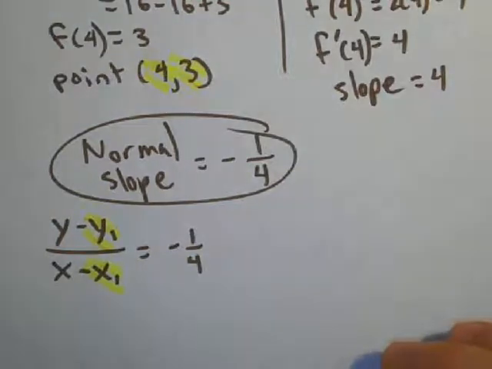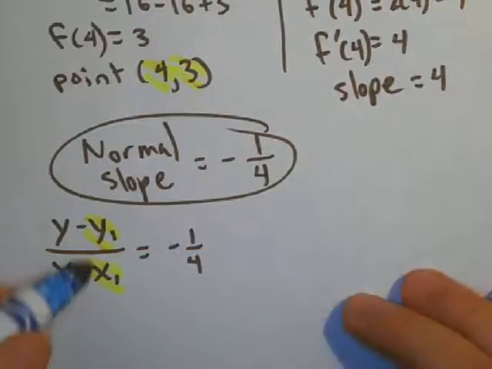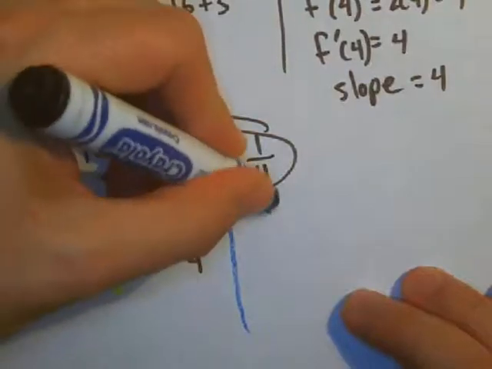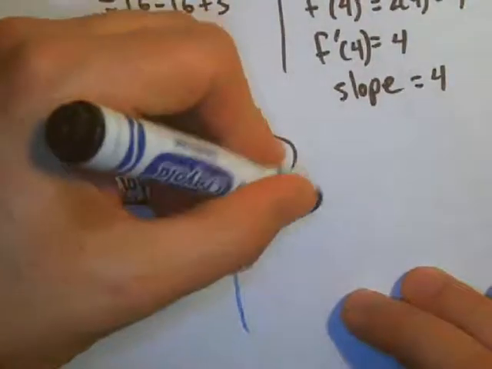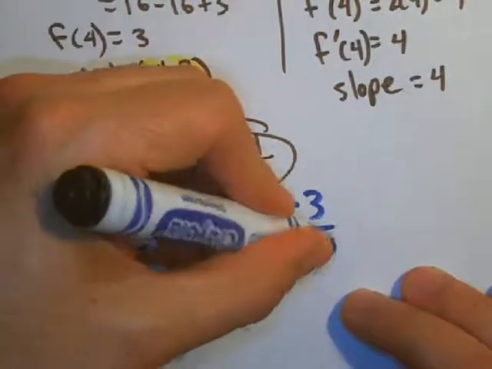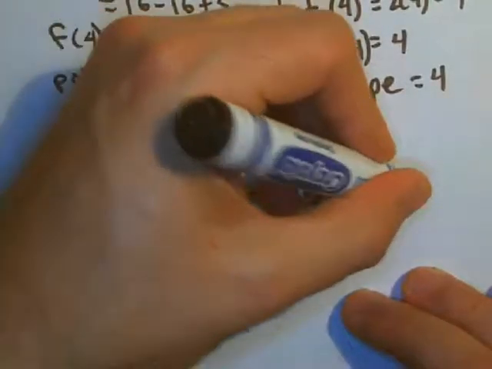Then we get y minus 3 over x minus 4 equals negative 1/4.